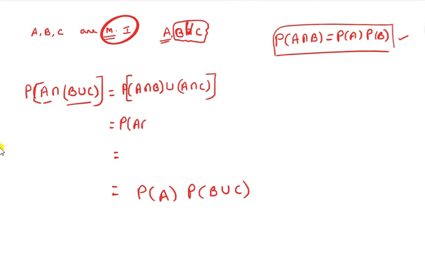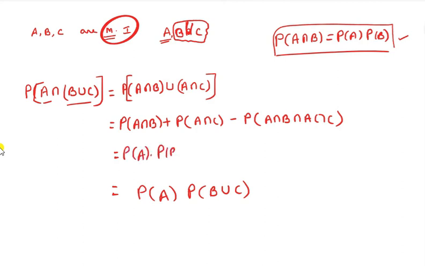Now we can write this one as P of A intersection B plus P of A intersection C minus P of A intersection B intersection A intersection C. Now I can write this one as P of A into P of B. Next one, because independent events there, P of A into P of C minus P of A into P of B into P of C.